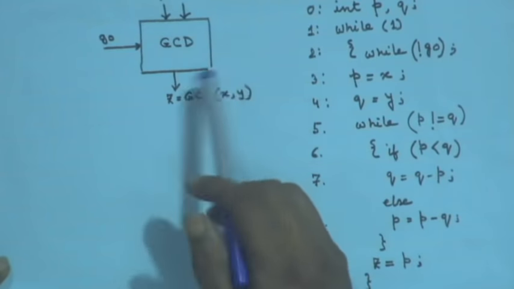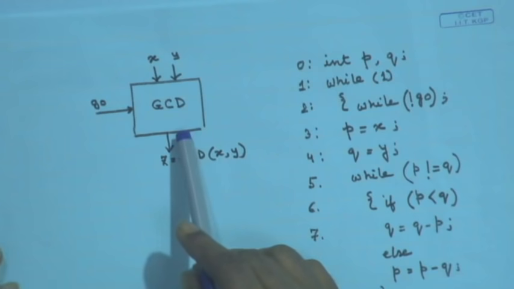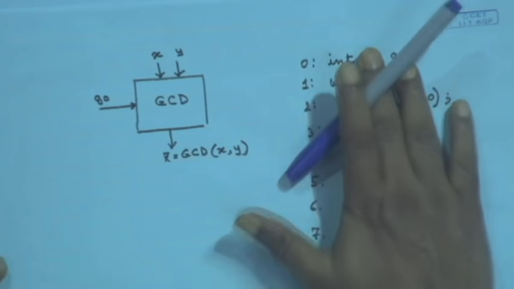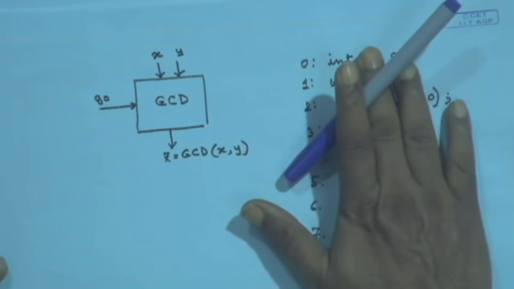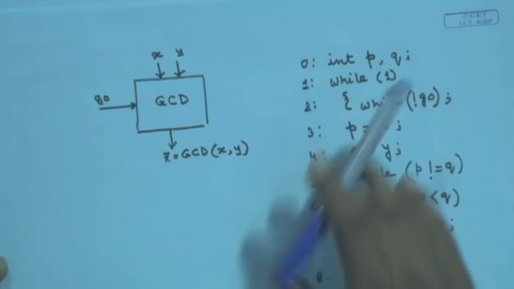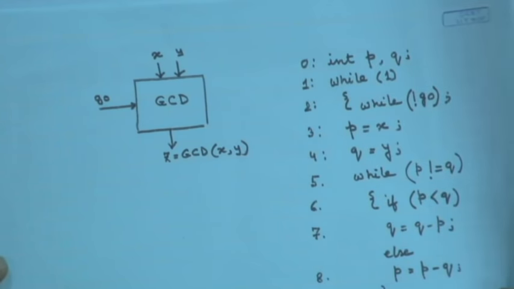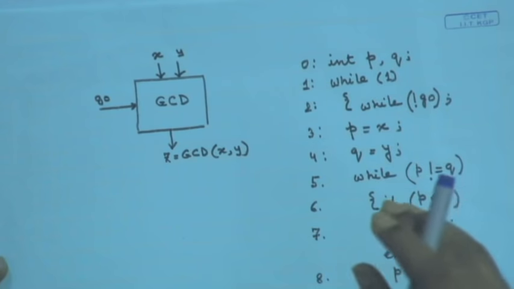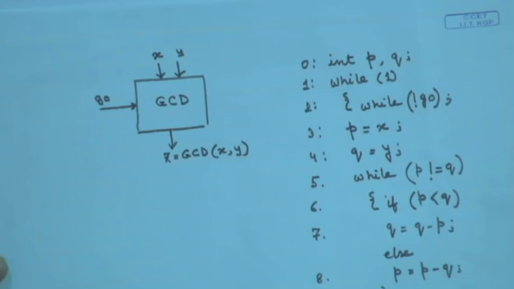All right. Now, what we have done in this exercise is we wanted to design a GCD as a simple example. We started with an algorithm, fine, and we translated that algorithm into the control data flow graph or FSMD, which we got here.